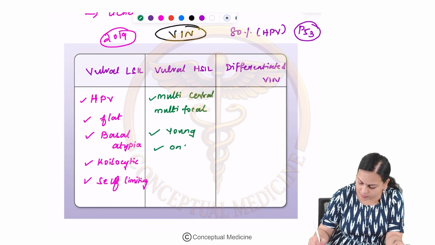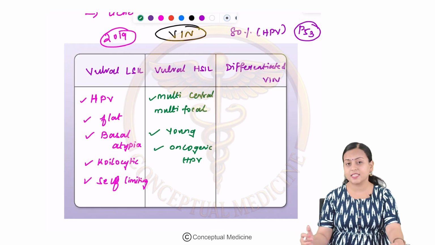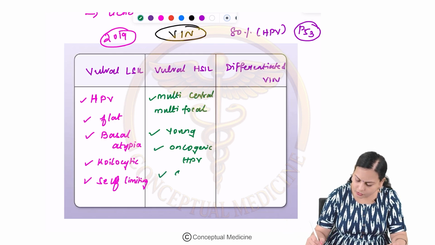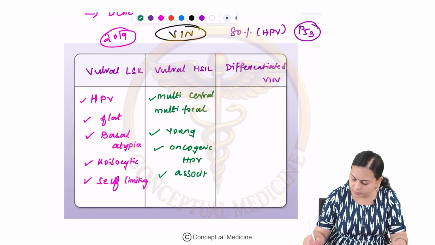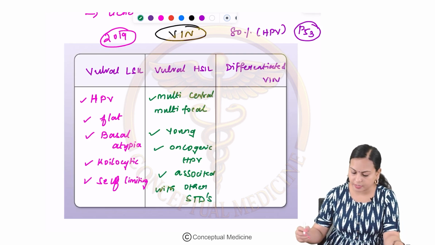Here oncogenic HPV infection is seen, that is types 16, 18 like that. It can also be associated with other STDs. Clear? Right.